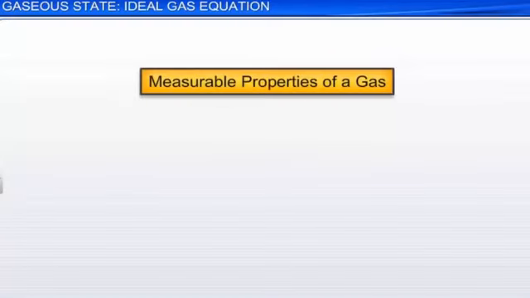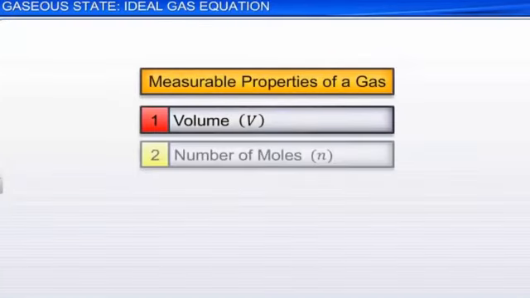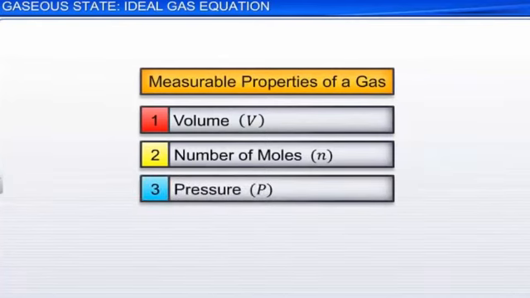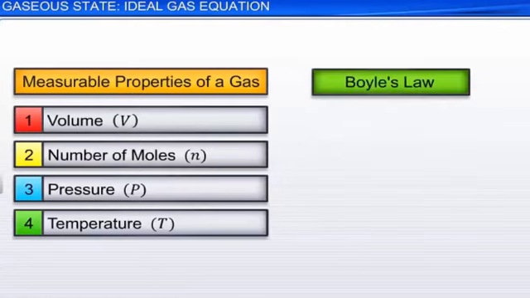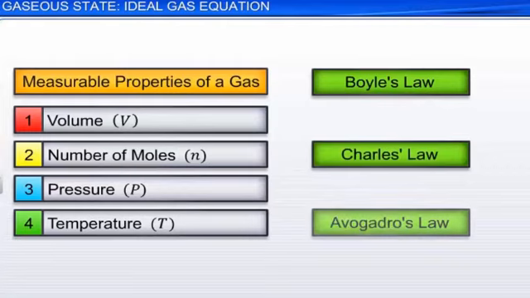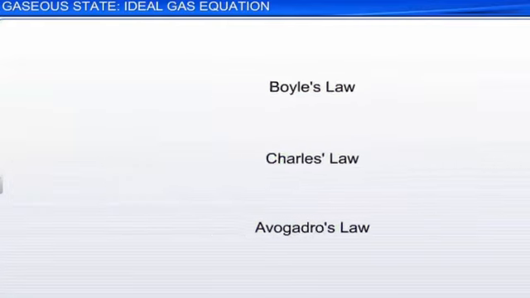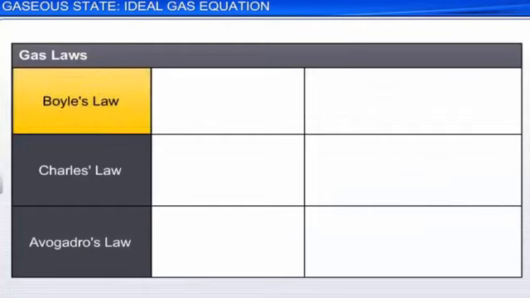We know that volume, number of moles, pressure, and temperature are the four interrelated properties that describe the behavior of gases. The relationship between these properties is described by three laws. They are Boyle's law, Charles' law, and Avogadro's law. Boyle's law describes the relationship between pressure and volume.